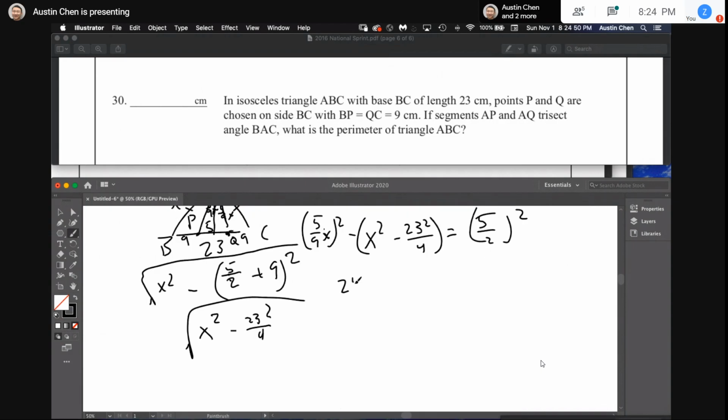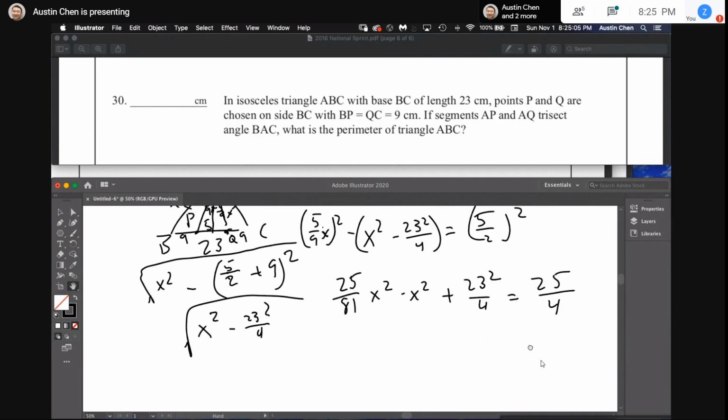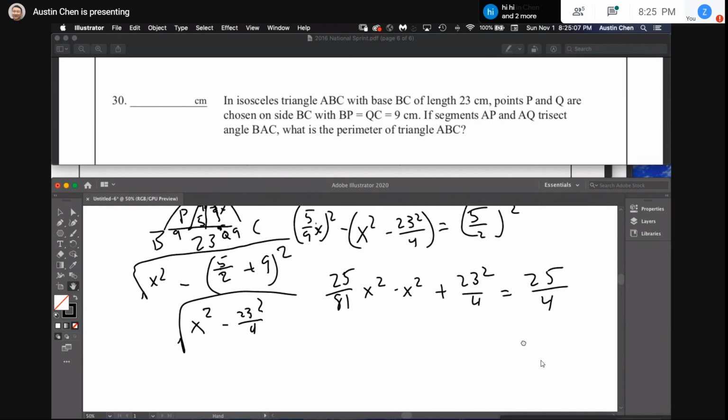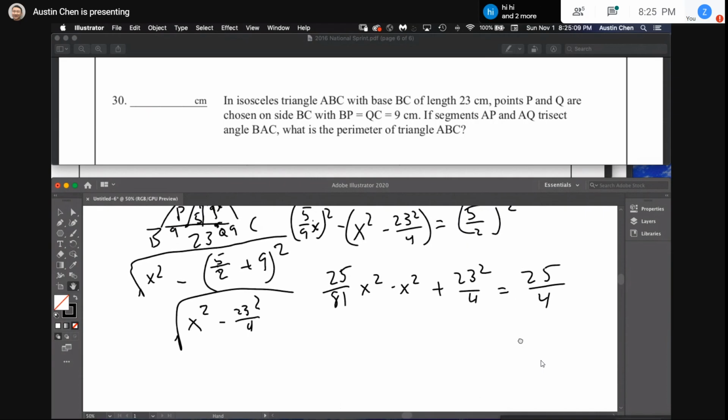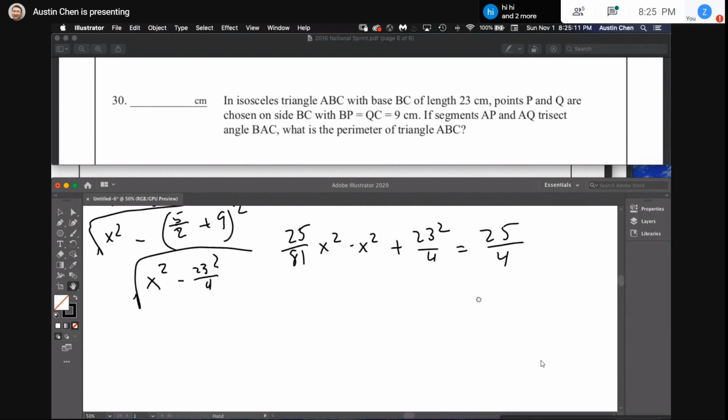Okay, and then this will be 25 over 81 x squared minus x squared plus 23 squared over 4, and this will equal 25 over 4. These aren't very nice numbers. All right, whatever.